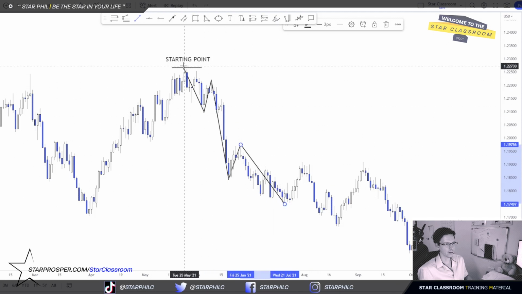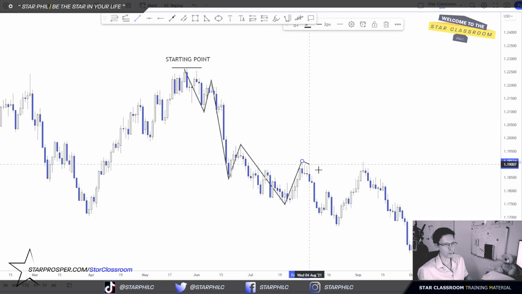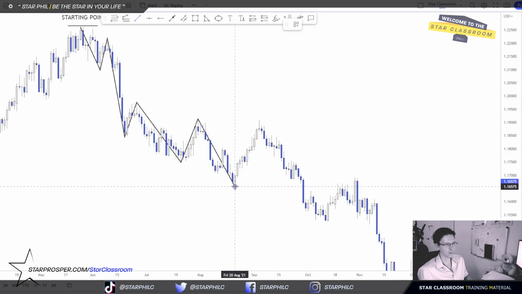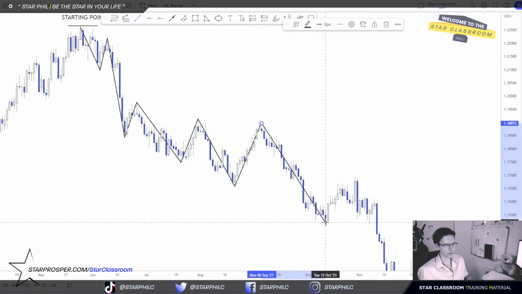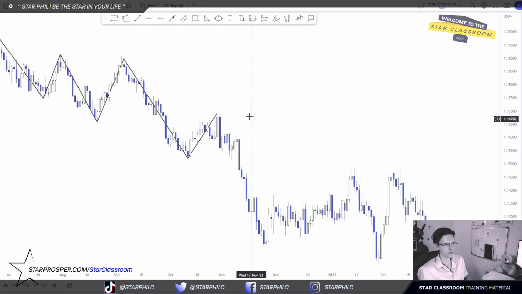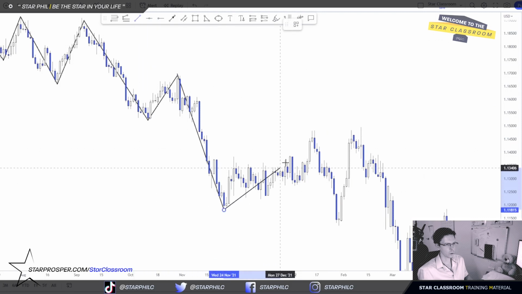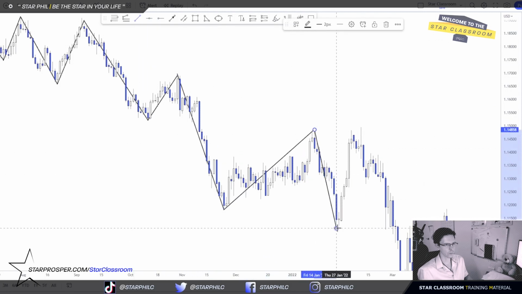Okay. Starting point, initial move, pull back, new structure low, pull back, new structure low, pull back, new structure low, pull back, new structure low, pull back, new structure low, pull back.